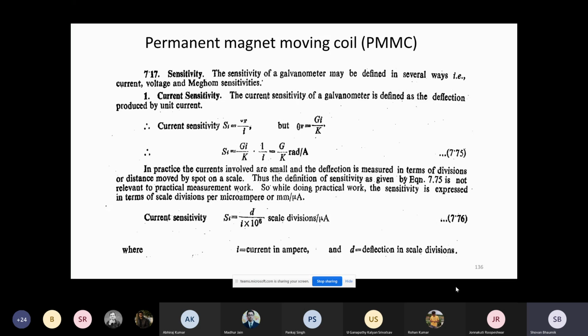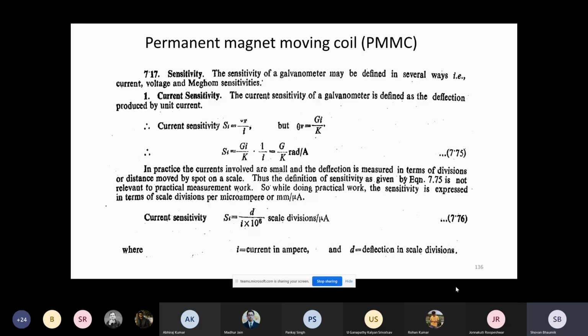So we need to have more G and a small K. If we want more G, we can have more number of turns N, we can have more former area, and we can have a strong magnetic field B. If we increase those things, our sensitivity will increase because we'll get more deflection.